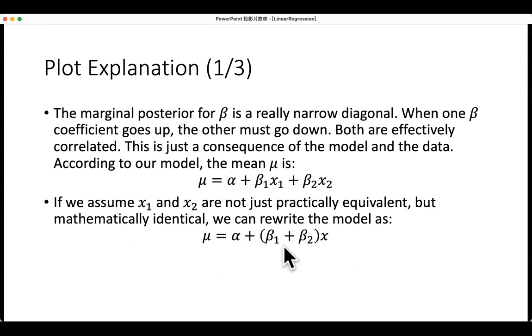In this case, the sum indicates one value, but you do not have any restriction on beta 1 or beta 2. When beta 1 increases, beta 2 decreases, and when beta 1 decreases, beta 2 increases, because the data only restrict this simple linear regression.